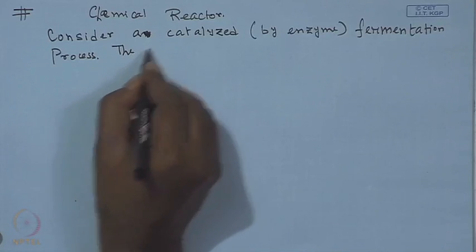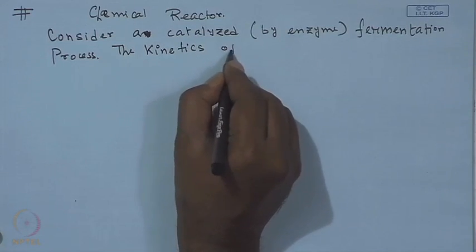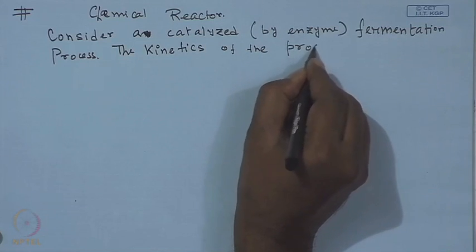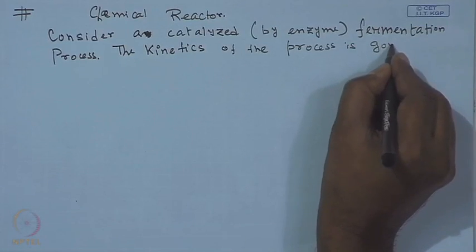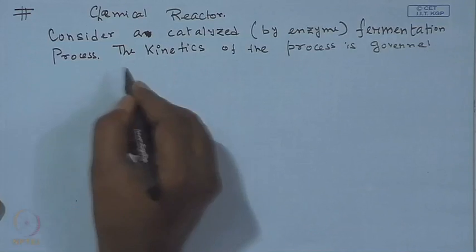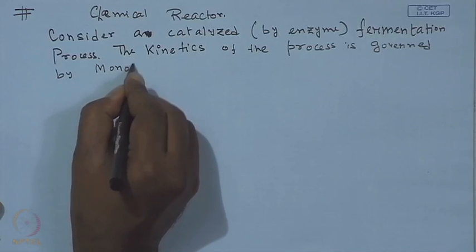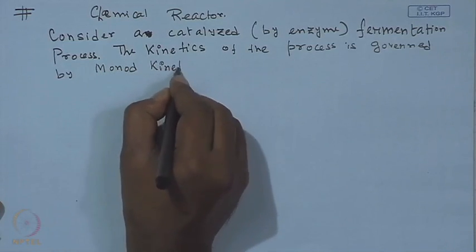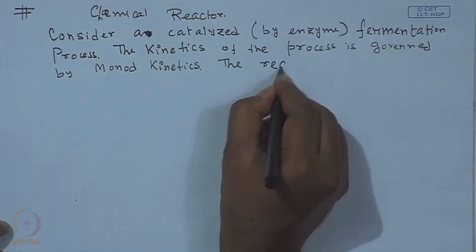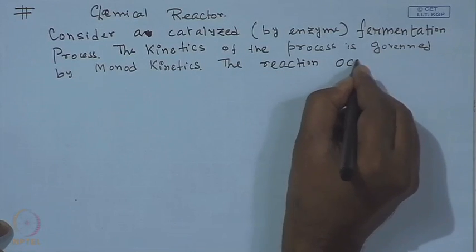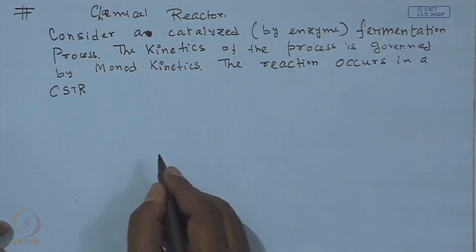The kinetics of the process is governed by Monod kinetics. The reaction occurs in a CSTR. We have talked about the CSTR in the last class.